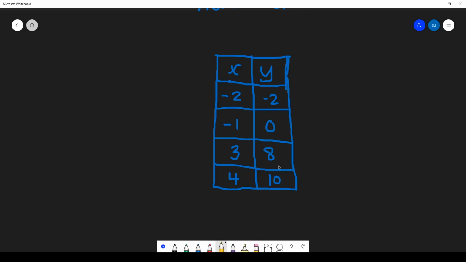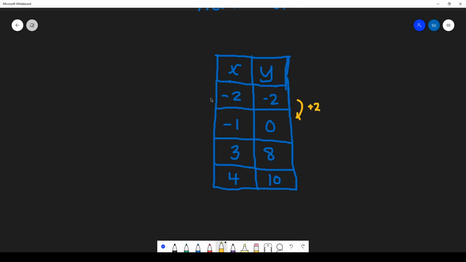So if we look at these 2 points, negative 2, negative 1 and 0, 1, we can calculate the differences between the y's and the x's. So we can see that the difference in y when going from negative 2 to 0 is positive 2 from that point to this point.